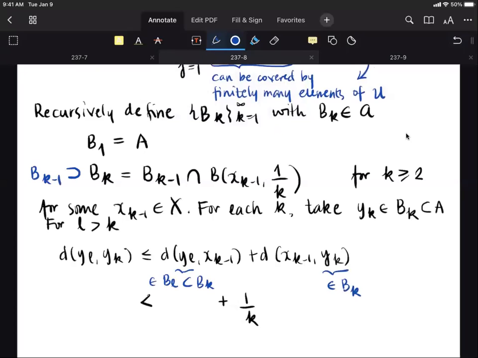So your sequence is decreasing. This means that the larger the index, the smaller the set. So again, if y_l is in B_k, then the distance of this point y_l with respect to this center is again less than 1 over k.